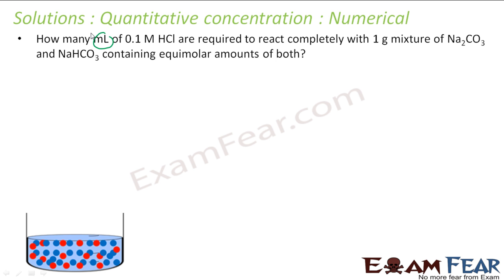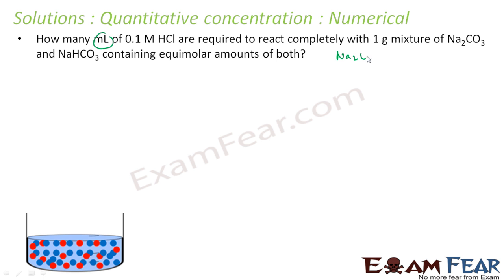Since it is molarity, moles per liter, it's asking me the number of moles of HCl required, because this reaction happens based on the moles. But it's just given that we have a mixture of Na2CO3 and NaHCO3.